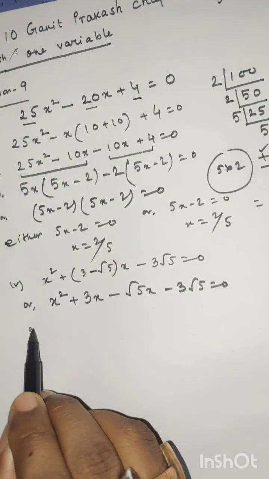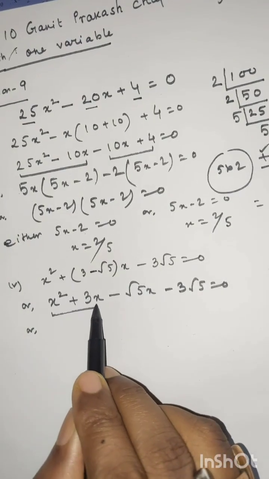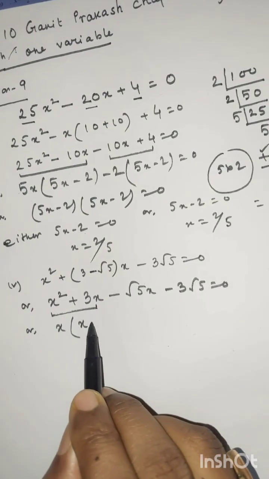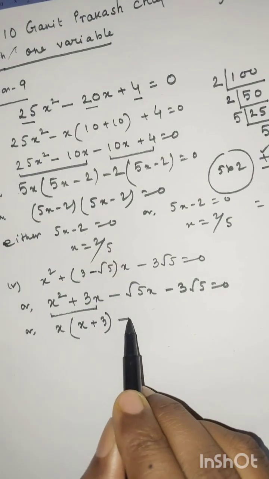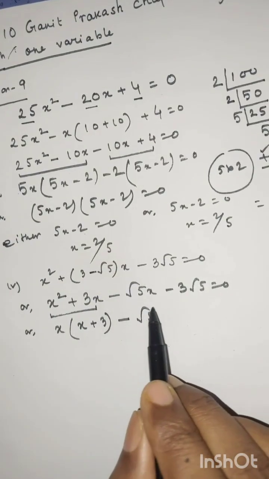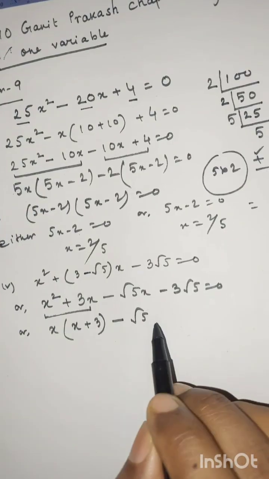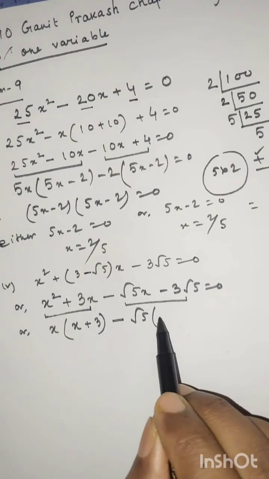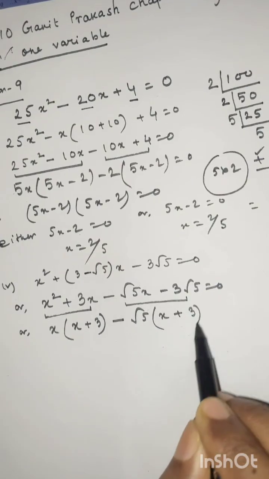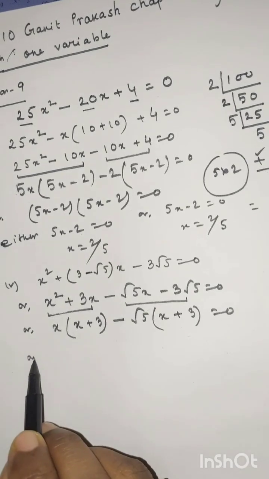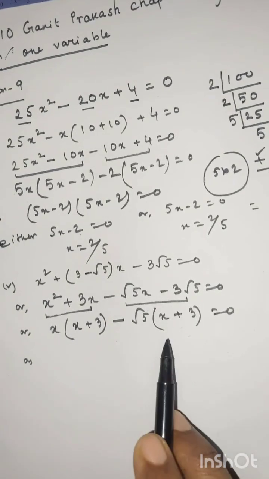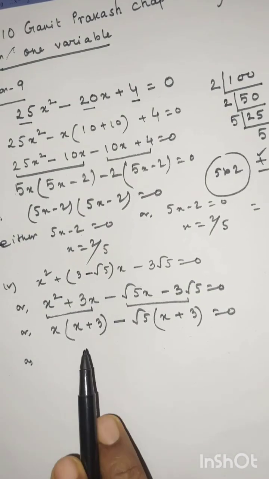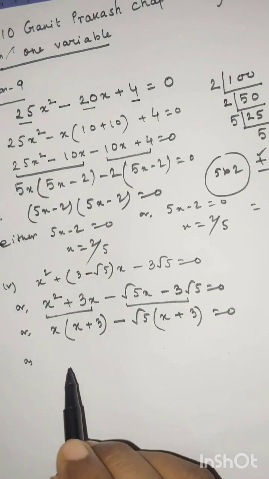If we take x common from these two quantities, we get x plus 3, and if we take minus root 5 common from these two quantities, we get x plus 3 again. Or if we take x plus 3 common from these two quantities, we get the factors.